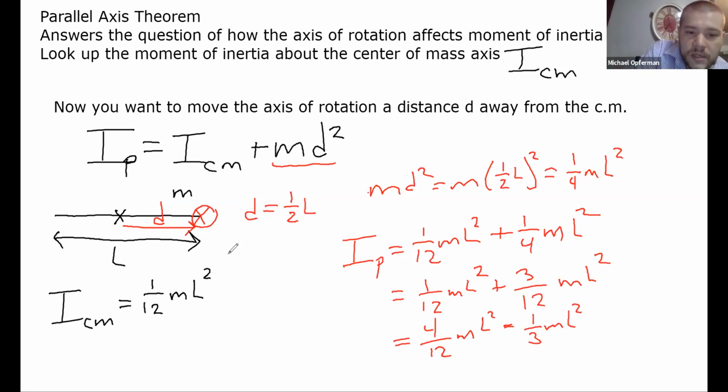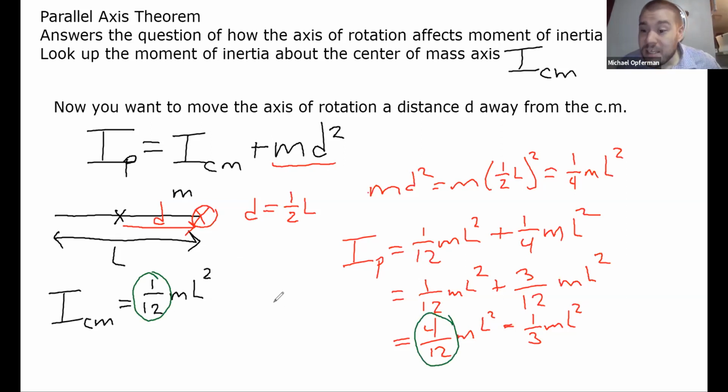Now, one thing you can see here is we increased the moment of inertia from 1/12 ML squared to 4/12 ML squared. So we quadrupled the inertia of the object by moving the axis of rotation in this case. You might think, why am I being so pedantic about adding on these little corrections?